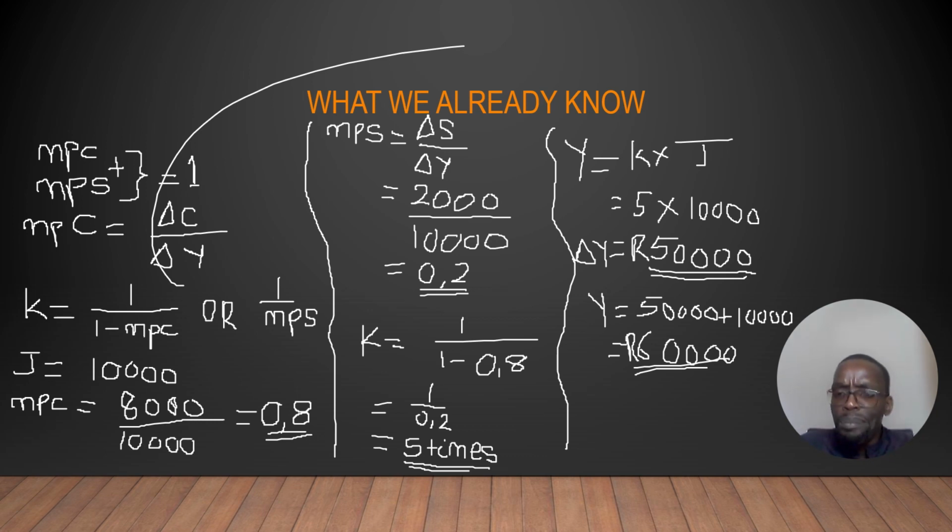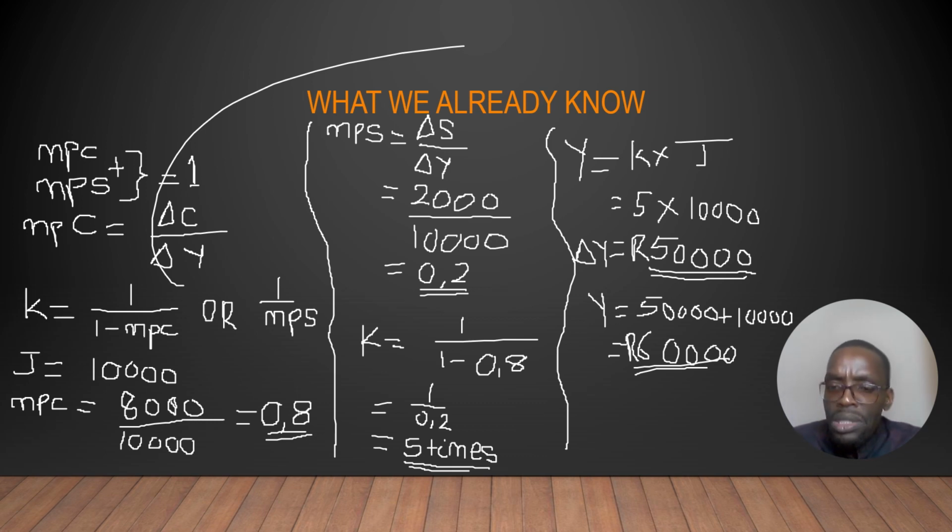So it's very important that even when you answer these questions in the exam, the learner should understand exactly what the examiner is asking about. Sometimes in certain exams they are asking you about calculating the value of the multiplier, which is going to be 5 times.